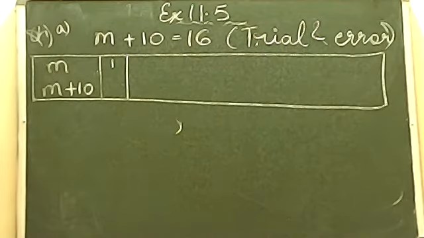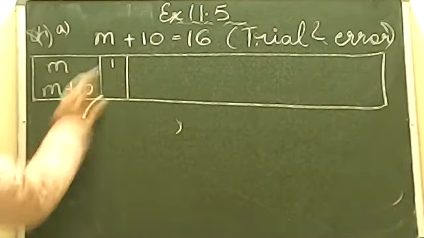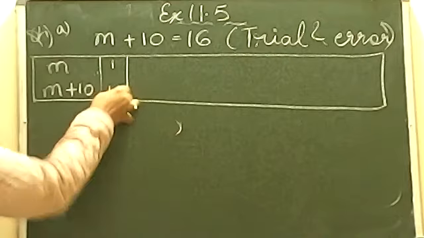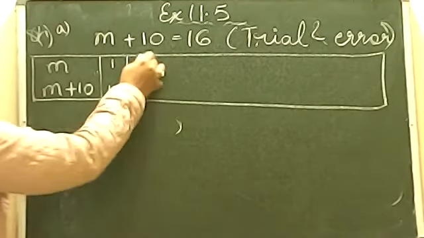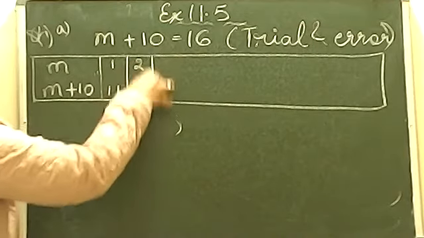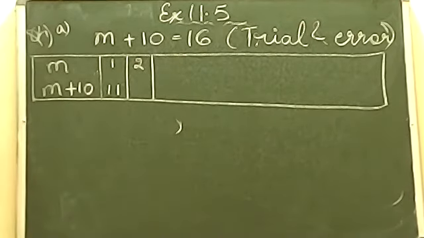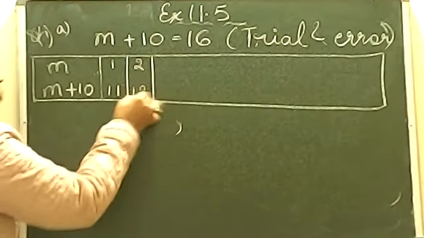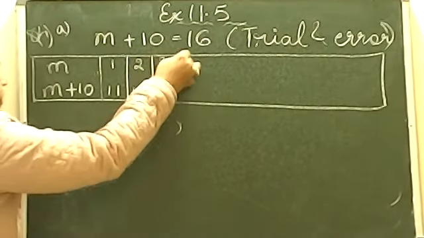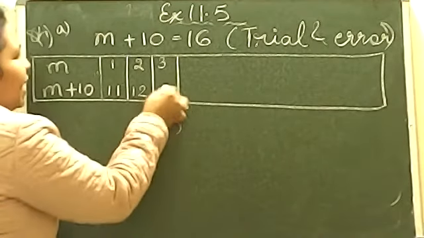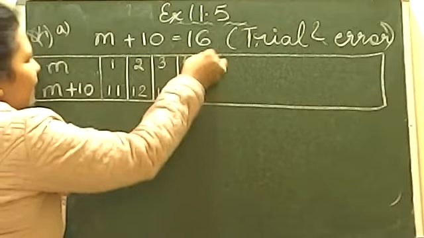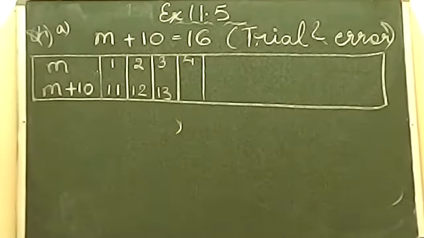Yes, very good. m plus 10 means 1 plus 10. You will get 11. Correct. If you place m as 2, what will you get as m plus 10? 12. Very correct. If you place 3, then 13. Very good. If you place 4, then 14.